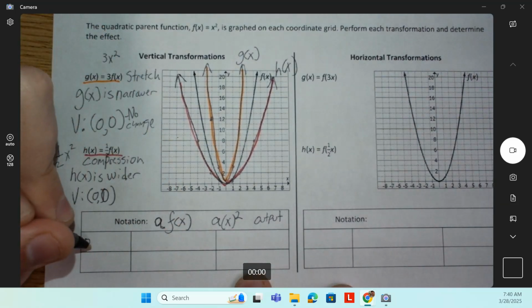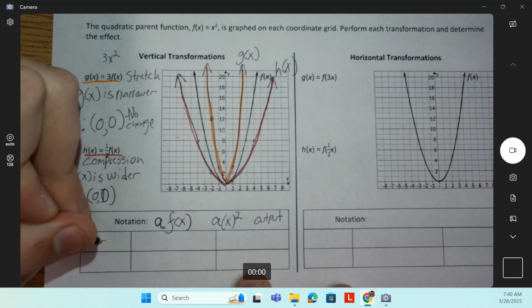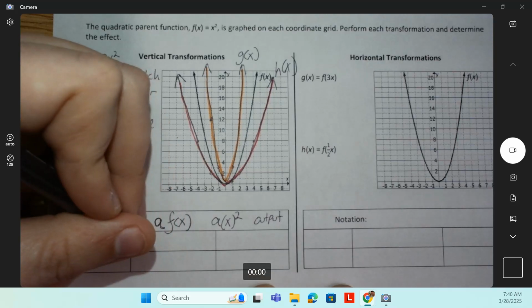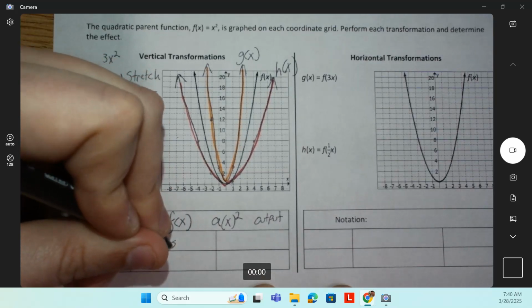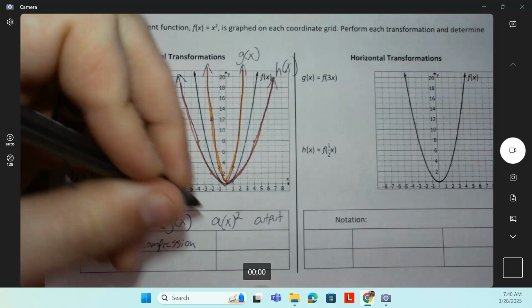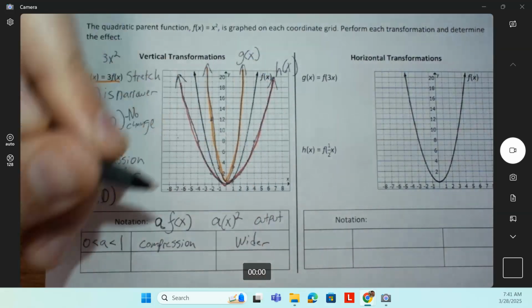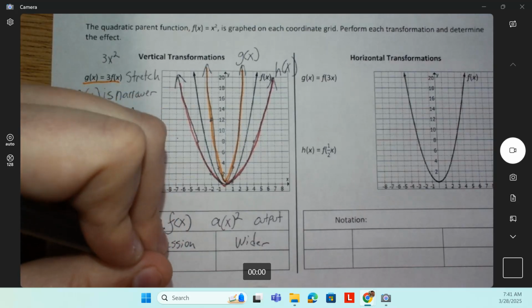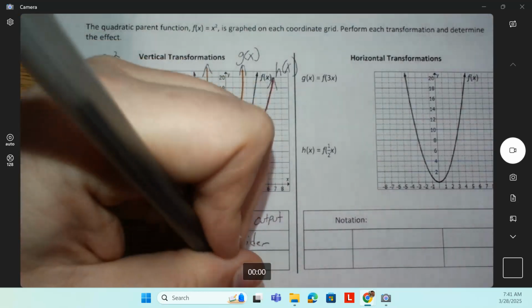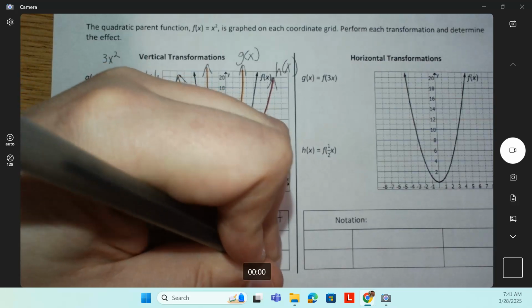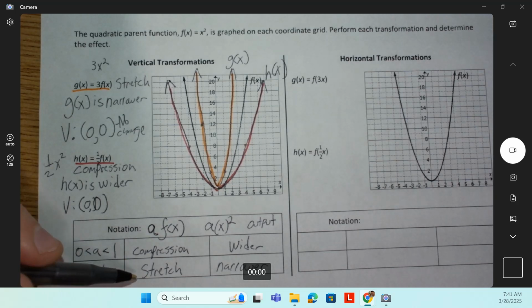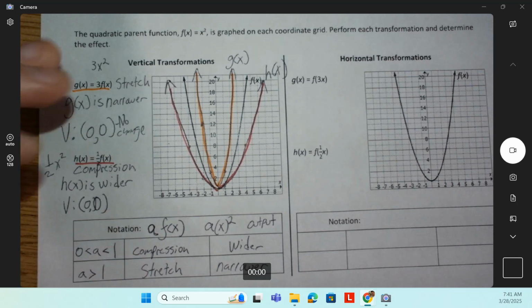And if it is a fraction, so if a is less than 1 but greater than 0, it's a compression, and it's going to be wider. If a is greater than 1, it's going to be a stretch, and it'll be narrower. And all these are vertical. So vertically, it's compressed, and vertically, it's stretched, to make it narrower and wider.